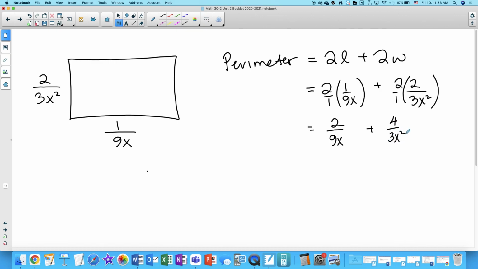Now, what would you do next if we want to add these two expressions together? You need a common denominator. So let's think about this. Between the 9 and the 3, what's the LCD of 9 and 3? 9. And between x and x squared? X squared.